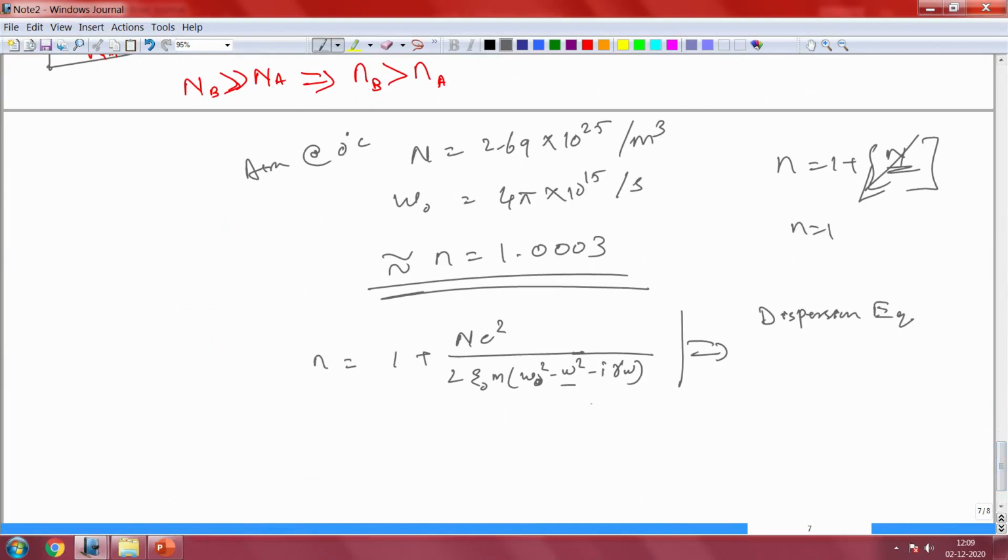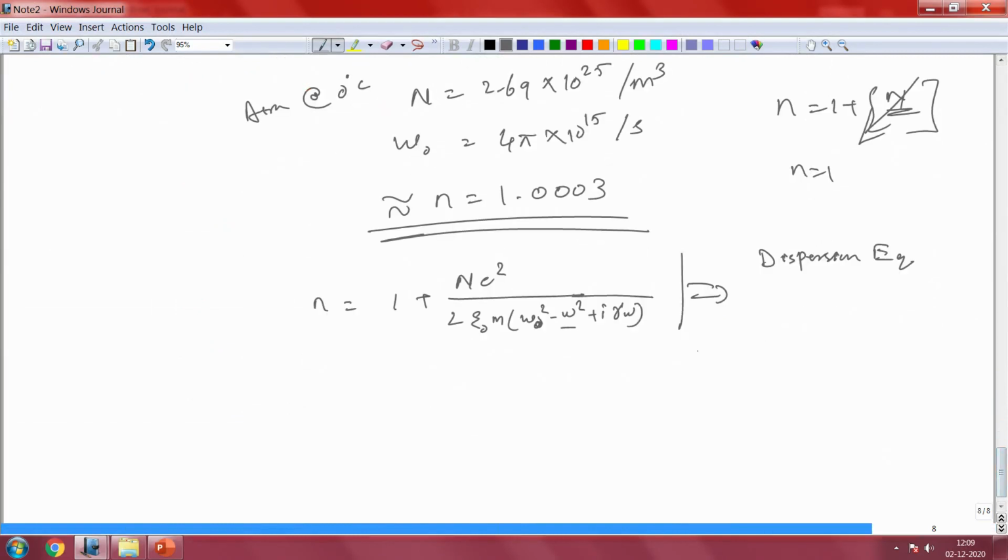Once we have the dispersion equation, we try to understand what happens to the material when the input frequency is changed. So we are looking at omega naught squared minus omega squared. When I increase this omega and it becomes very close to omega naught, the refractive index will shoot up.